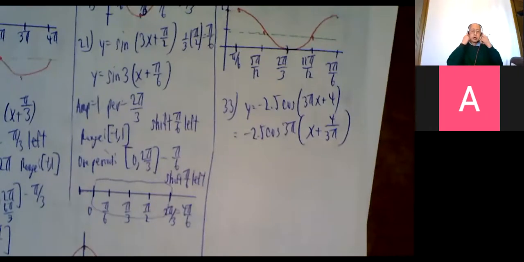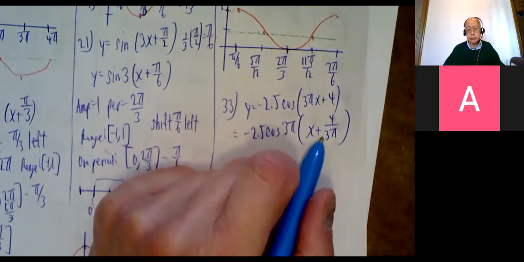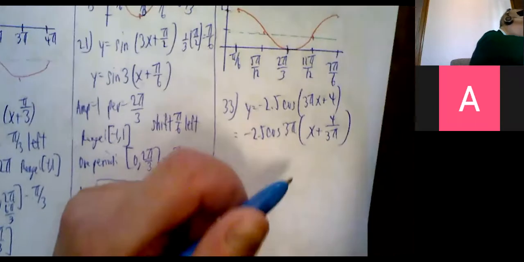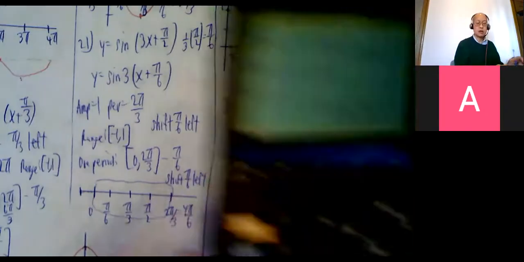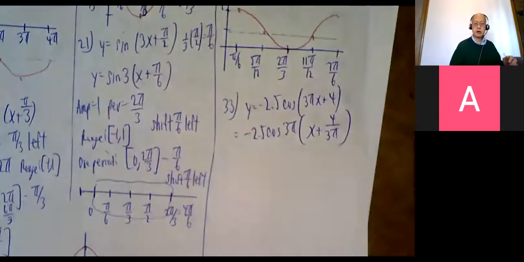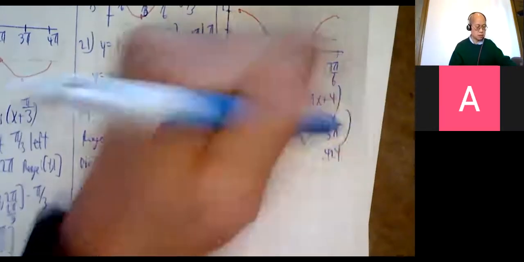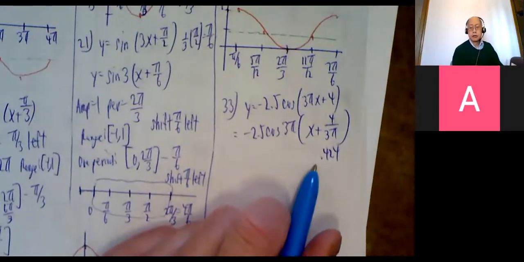Four over 3 pi. Okay, now there's no way we can know what this is exactly. So we'll just do a decimal approximation. I'll punch in 4 divided by parentheses 3 pi. That's .424. So it's a shift of 0.424 to the left.